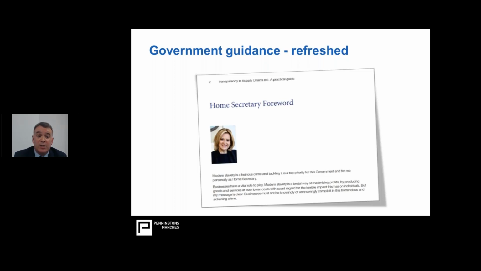Now whilst there was no change to the law, the revised guidance took an important step in the right direction so far as civil society is concerned, as it now states that a statement should aim to include information about each of the 6 Section 54 categories that Eugene was just referring us to.